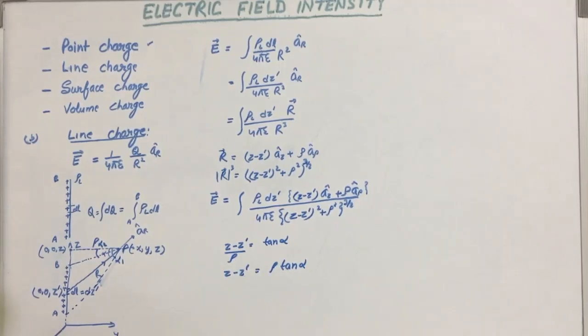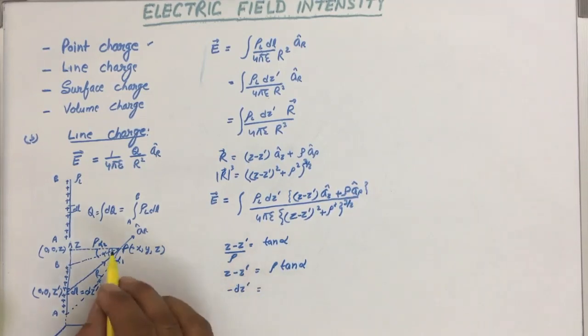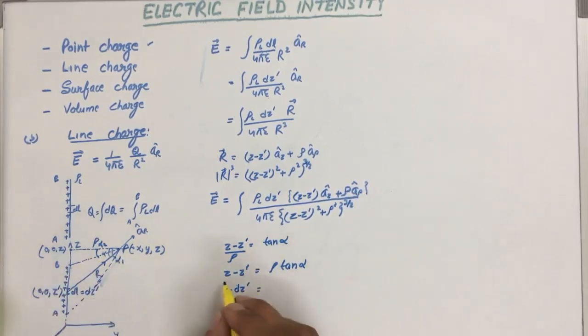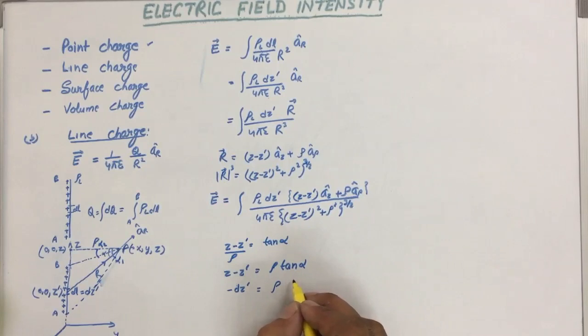Okay, so if we differentiate, z is varying from here to here, so we get minus dz dash; this is fixed, so its differentiation will be 0. This is varying, so rho tan alpha differentiation will give you rho sec square alpha d alpha.